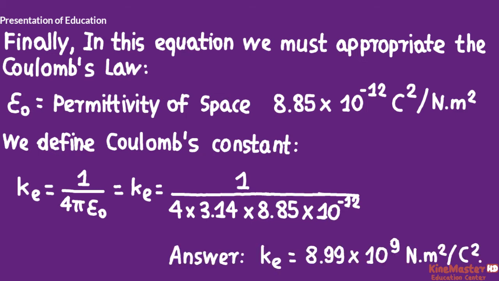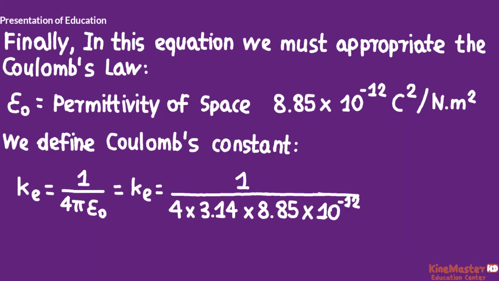So the exact answer will become like this: Ke, Coulomb's constant, is 8.99 times 10 to the power of 9 Newton meter square per Coulomb square. So this is the constant. You can approximate it also as 9 times 10 to the power of 9.